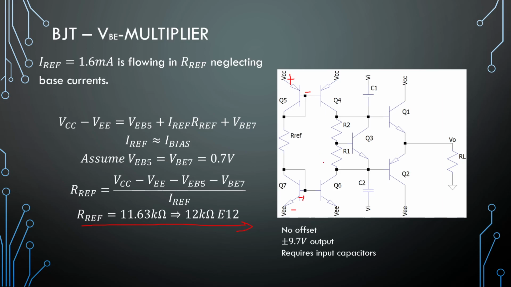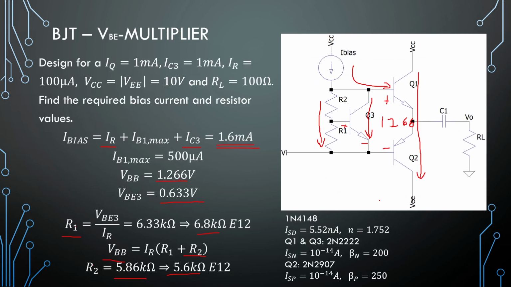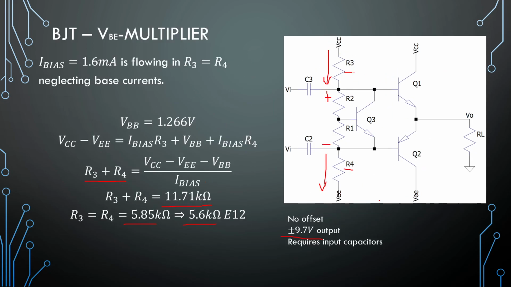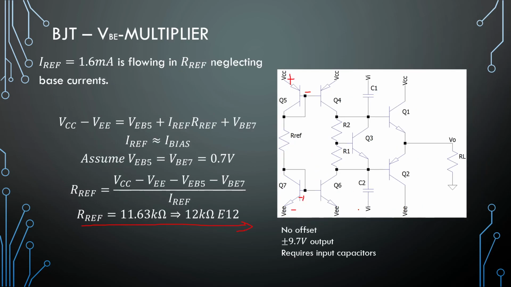Right, this is a very complex design. The simplest is just using 2 resistors like we have here, rather than the current source like this.